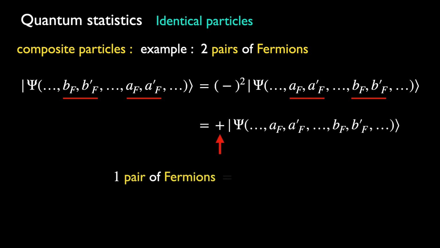This means one pair of fermions is like a boson. In general, an even number of fermions behaves like a boson, while an odd number is again a fermion. And the fermions in the composition do not even need to belong to the same species. A hydrogen atom with one electron and one proton, both are fermions, is a boson.